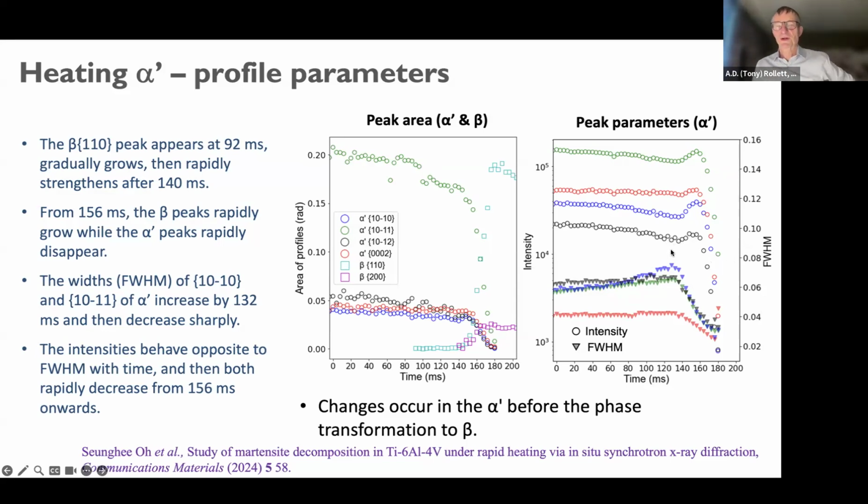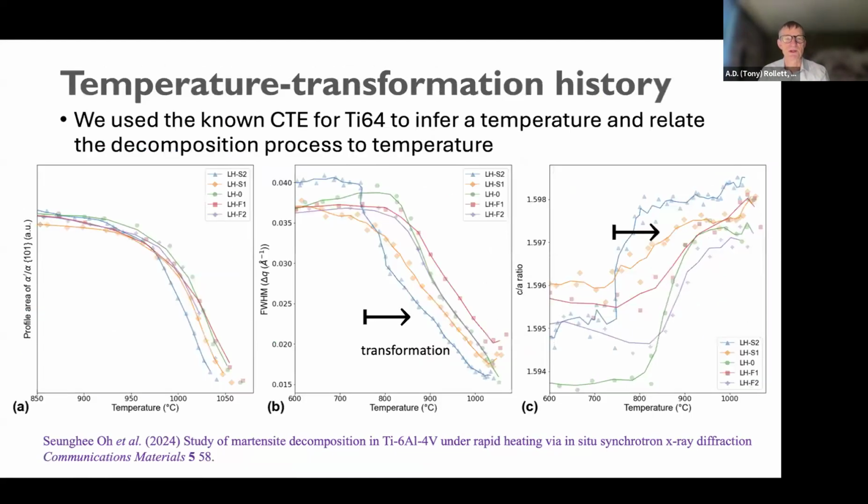And what's quite curious is that the circles are the intensity left-hand scale, and the triangles are the full width half max. So the peaks are broadening as you go up in temperature. You expect that from thermal vibration, but they suddenly drop. They suddenly get much narrower as the phase transformation starts to happen. And so there are a number of interesting things going on here.